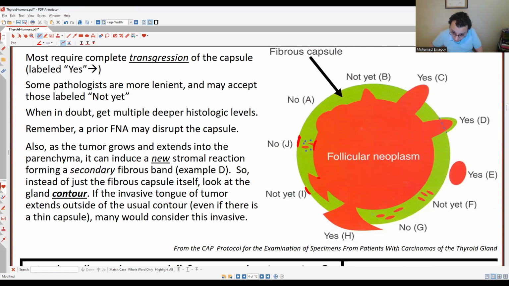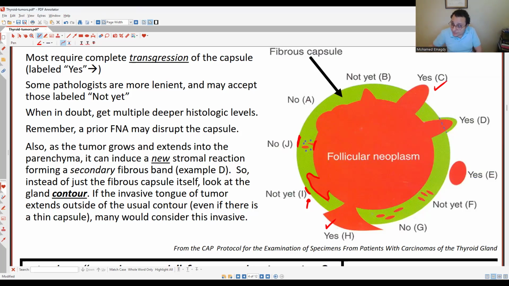If you see some tumor penetration, but it's not reaching the outer boundary of the capsule yet, this is not true capsular invasion. So it needs to be like this, completely penetrating the capsule, or like this. That's a yes, and that's a yes.